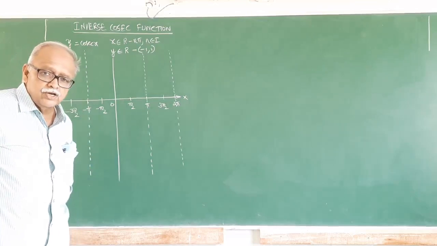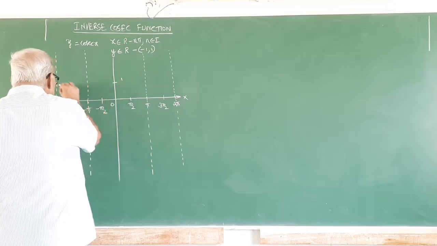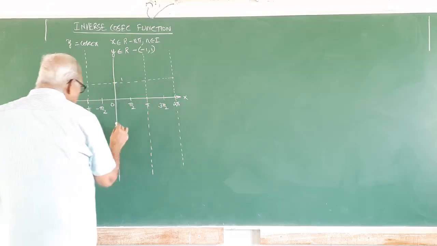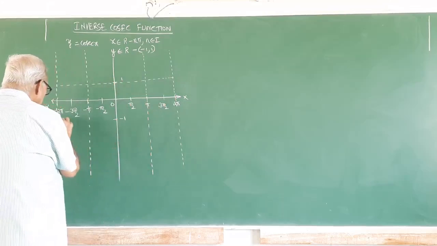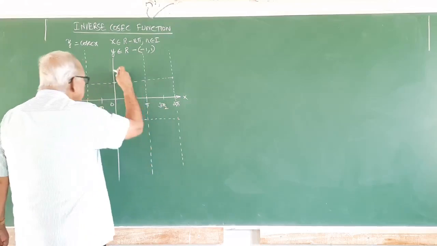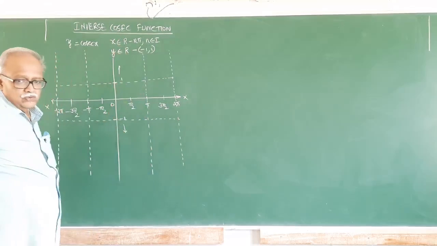Now what is the range of cosecant x? Here you mark 1 and minus 1. See, the cosecant x range is greater than or equal to 1, or less than or equal to minus 1.